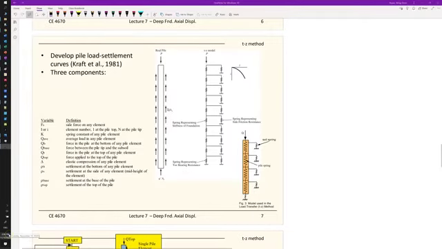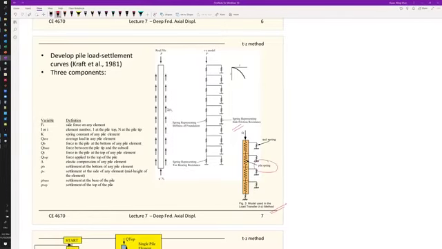So a good picture to capture the TZ method will be here. It pretty much summarizes the simulation we are trying to do. Again, we have three different components of settlement.